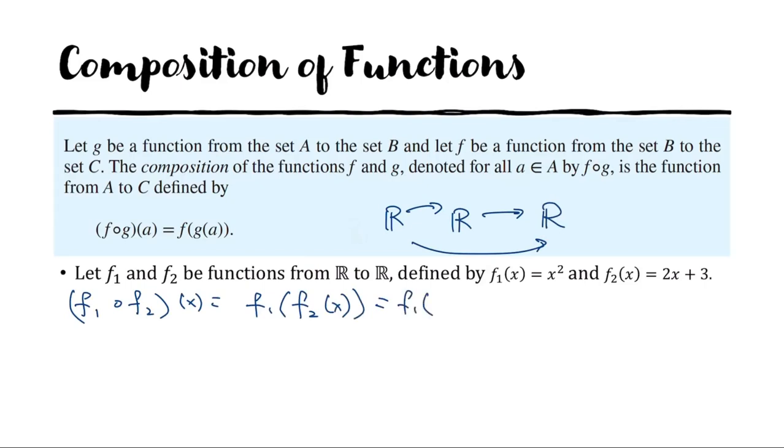And we will substitute f2 into f1. Now f2 equals 2x plus 3. Now we will substitute that into f1, which means wherever we have the independent variable, we will replace it with 2x plus 3. So we have (2x plus 3) squared.